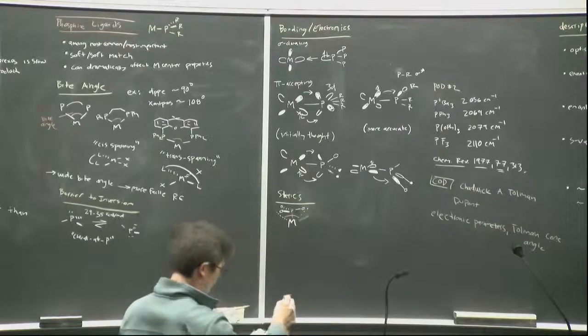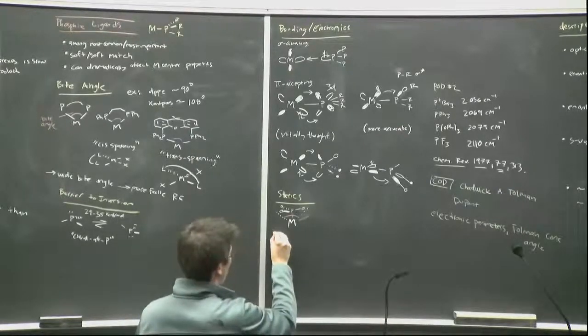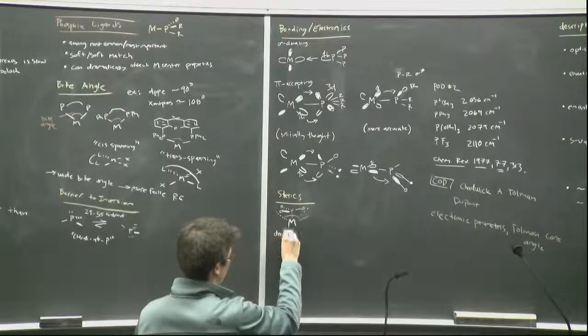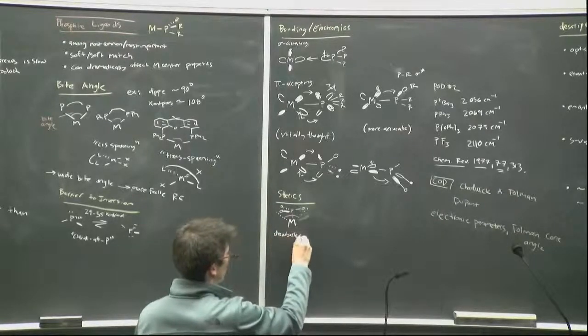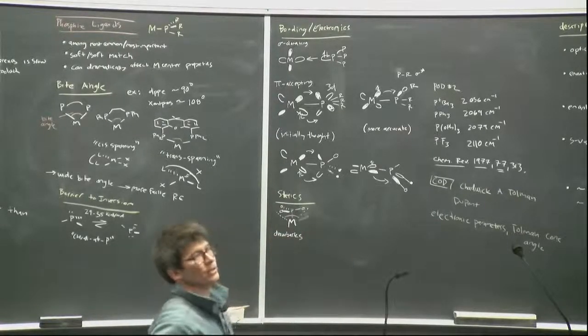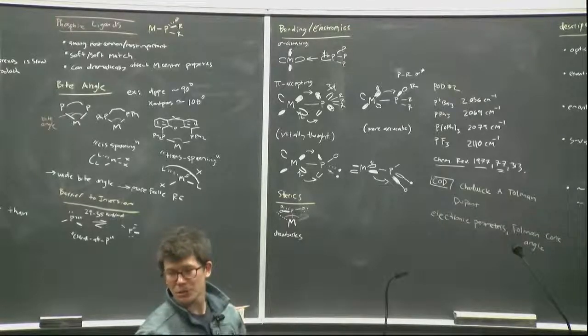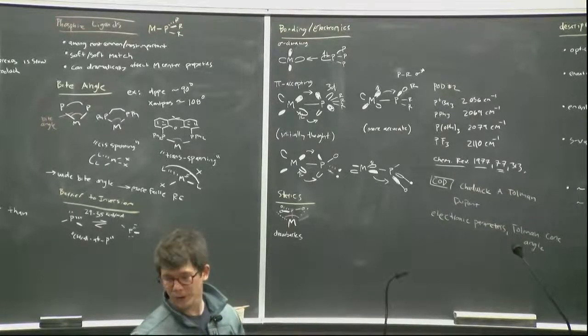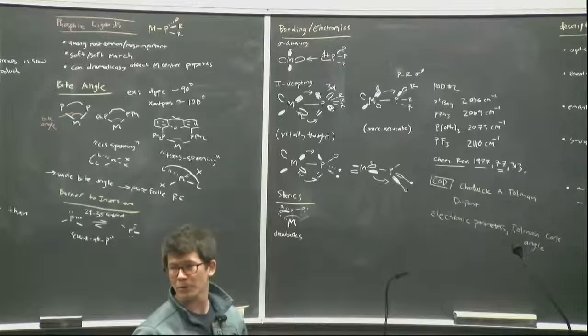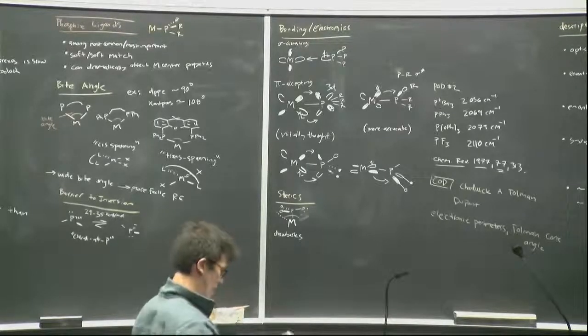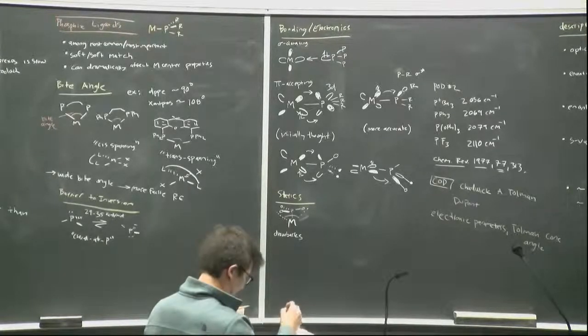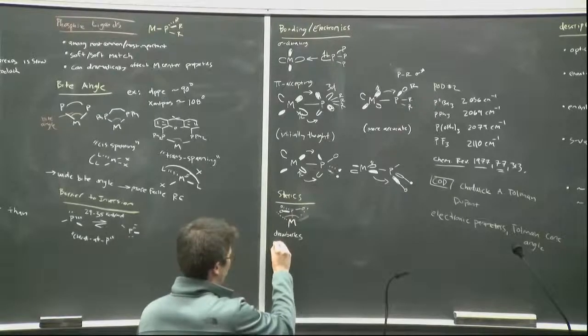And so this is very powerful, but it does have its drawbacks. I think in the Hartwig textbook, the cone angle is described as an extremely important metric, but a flawed metric. And it's flawed for a couple of reasons.